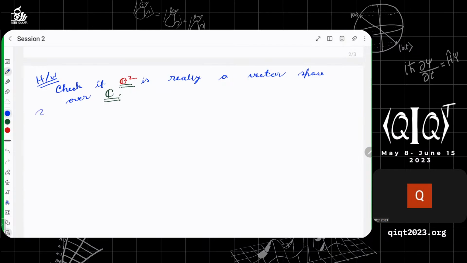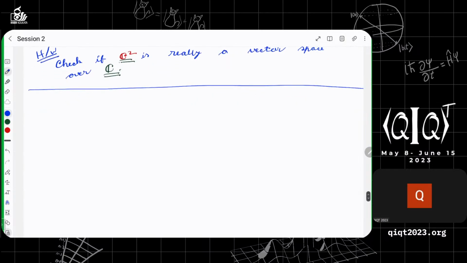But for the time being, let's ask ourselves whether R3, the space that we know, is a vector space, but is it a vector space over C?